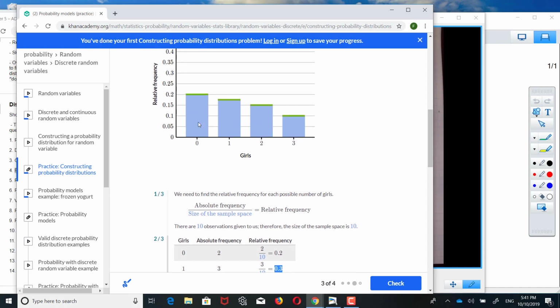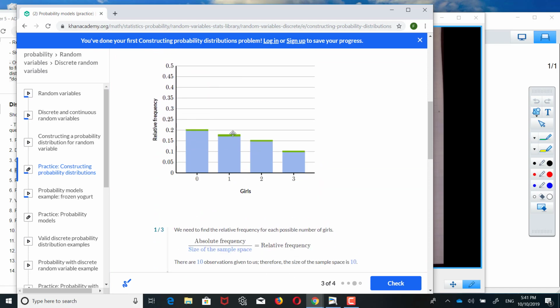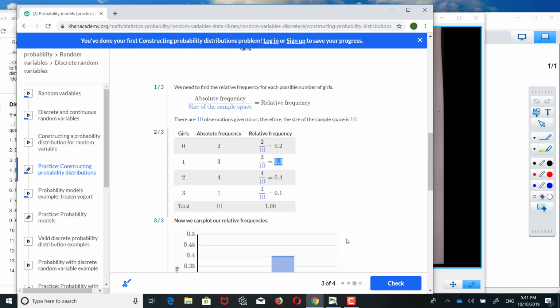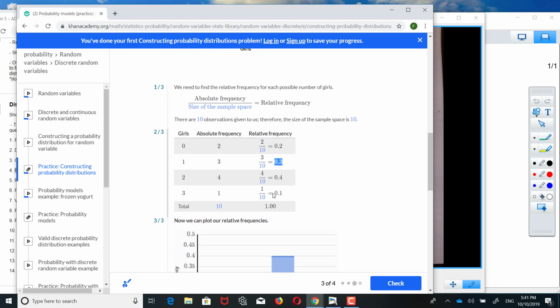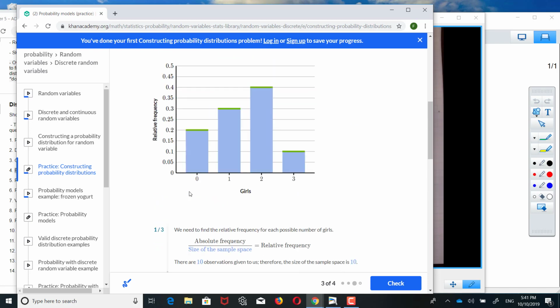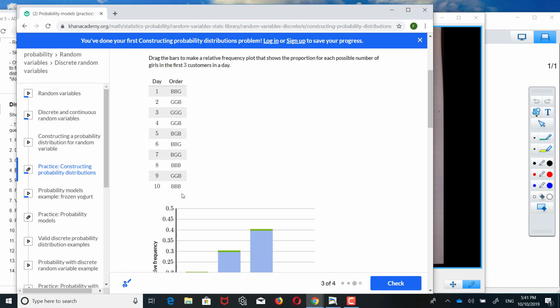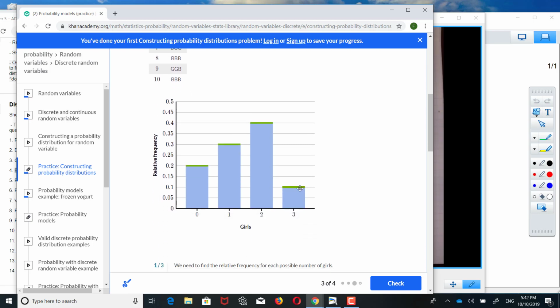So we can easily find this relative frequency: 30% and 40%, and then finally it's 10%. When the number of girls is 3, that means, sorry, GGG. So there is only 1 case, so that's 10%.